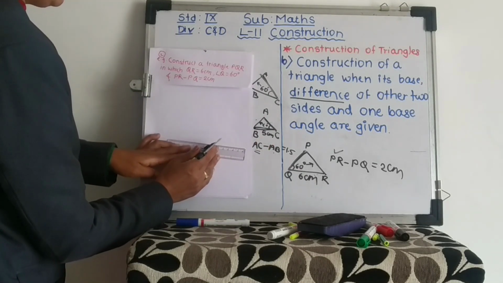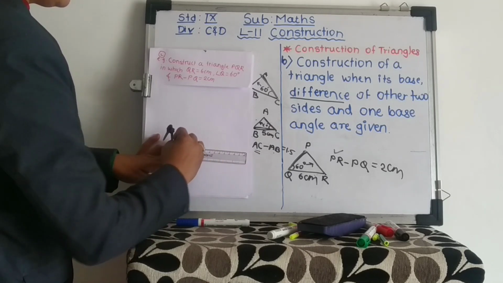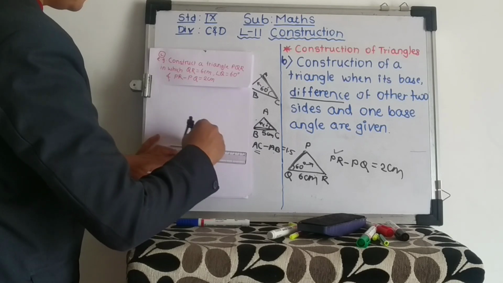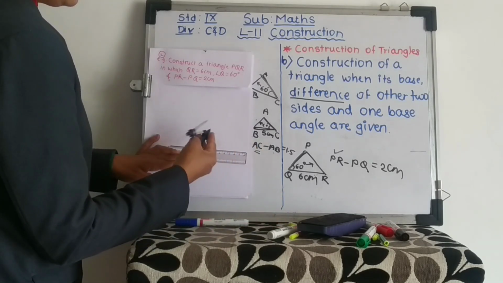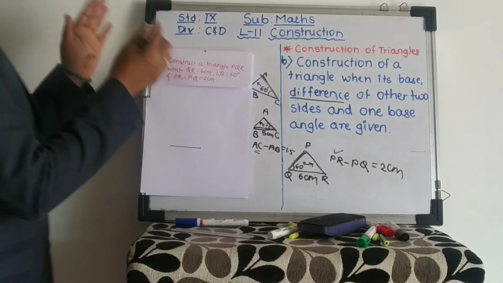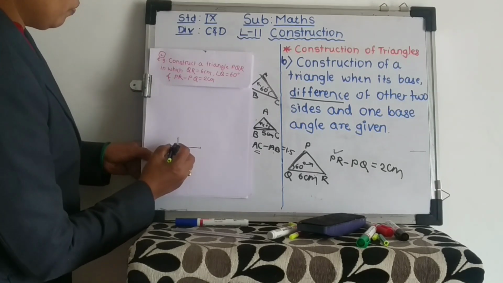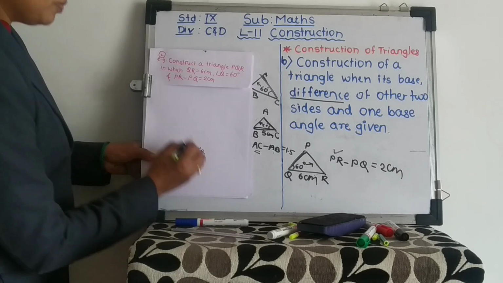Take exact measurements so that you get the correct measurement of the angles or triangle. So we have drawn QR, that is 6 centimeter.